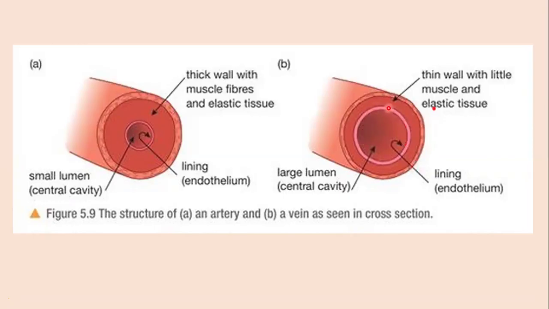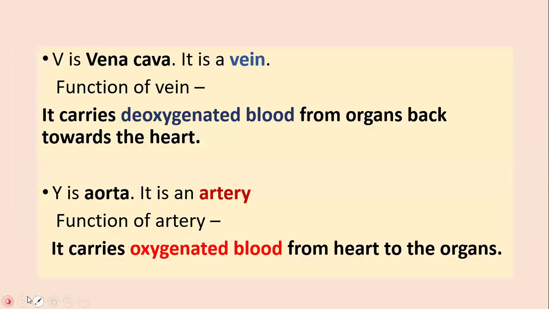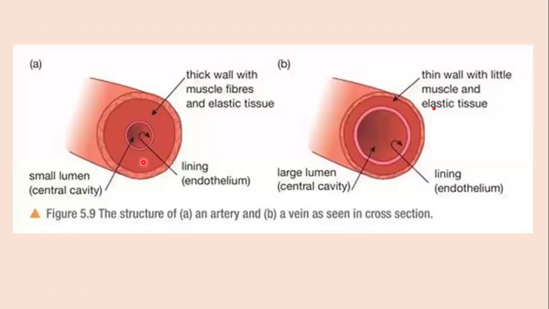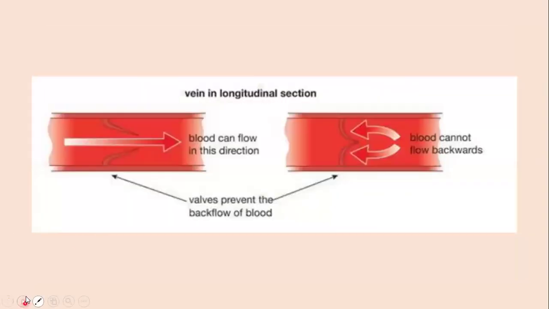Since they have a thin wall, their lumen is very large. So as an answer to this question, what are the two differences in the structure of the blood vessels labeled V and Y, you have to write these differences between an artery and a vein.